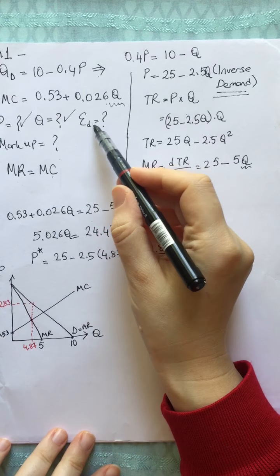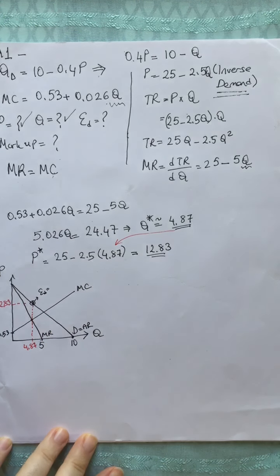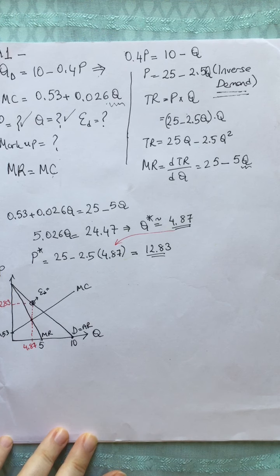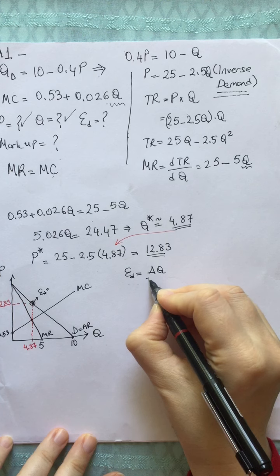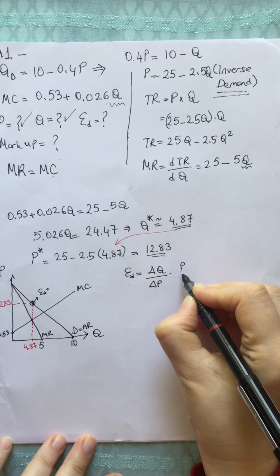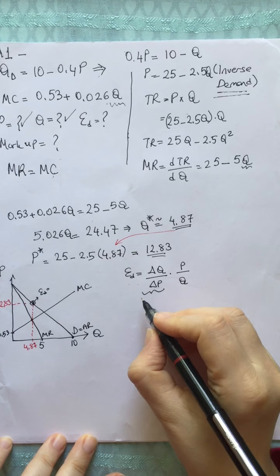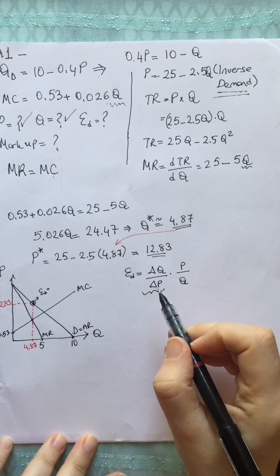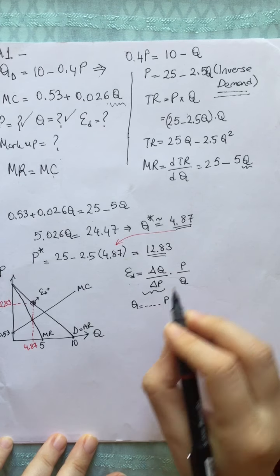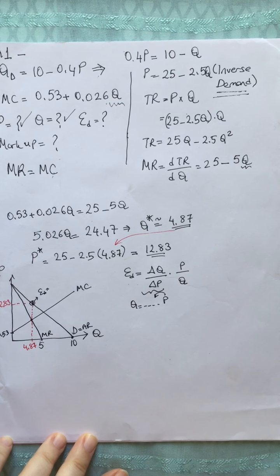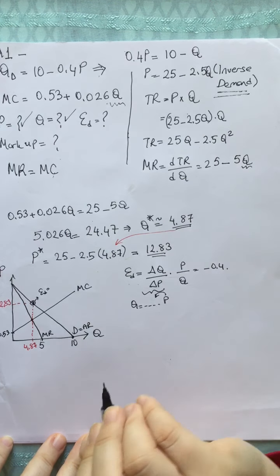Then it is also asked, what is the elasticity of demand at this point? Please remember the elasticity of demand formula. It's delta Q over delta P times P over Q. Delta Q over delta P is the coefficient of the normal demand function when the function is written as Q equal to something in P. The coefficient before P is delta Q over delta P, which is minus 0.4 in this example.